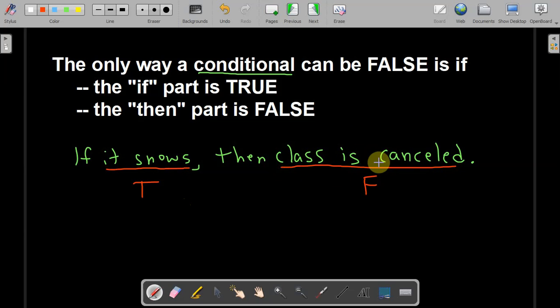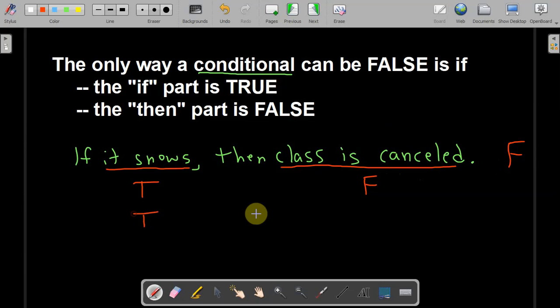That part is false. Suppose it did snow, but class was not canceled. Well, then the sentence, if it snows, then class is canceled, turns out to have been wrong. It was a lie, or it was just not correct. So if the if part is true and the then part is false, then the if-then sentence taken as a whole is false. That's the only way that an if-then can be false.